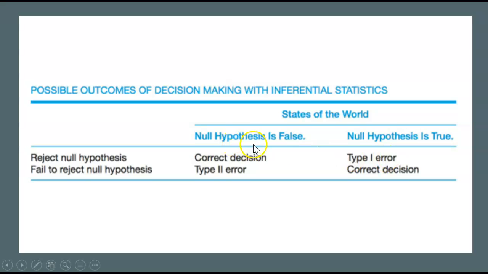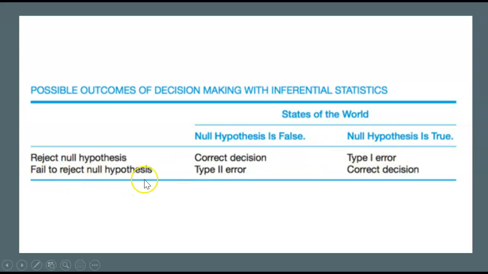If, however, the null is false and there are differences between groups, and I reject the null hypothesis, I've made the right choice. If I reject the null hypothesis when the null hypothesis is actually true, meaning that there are no meaningful differences between the groups, then I've committed a type 1 error.